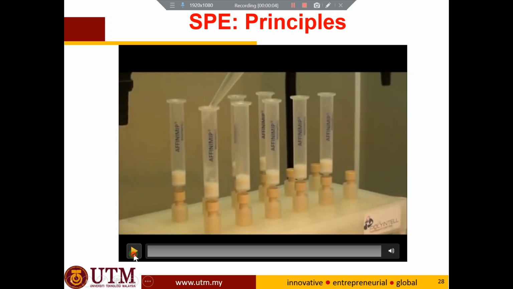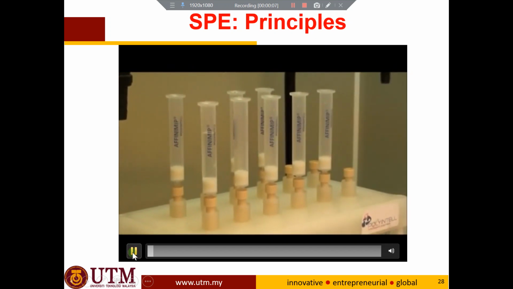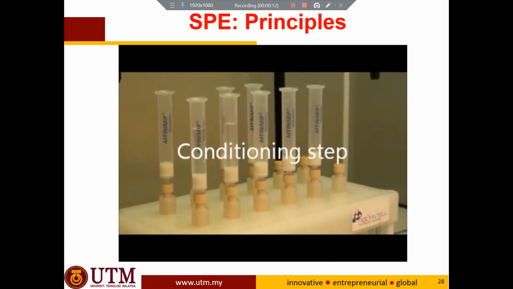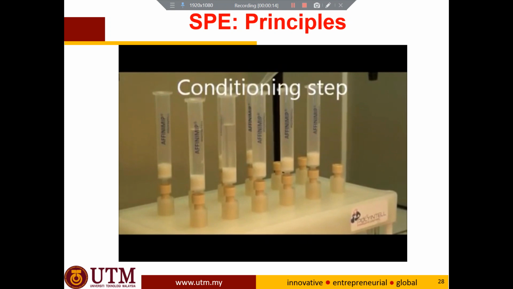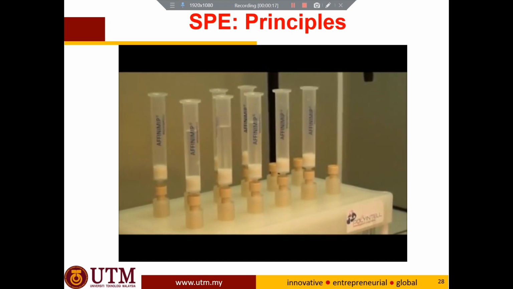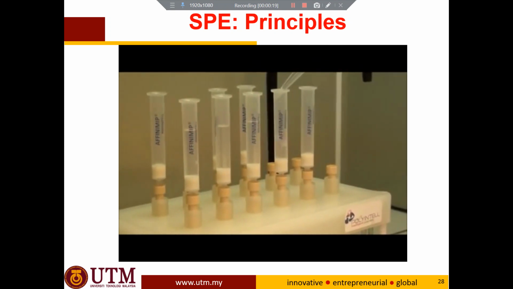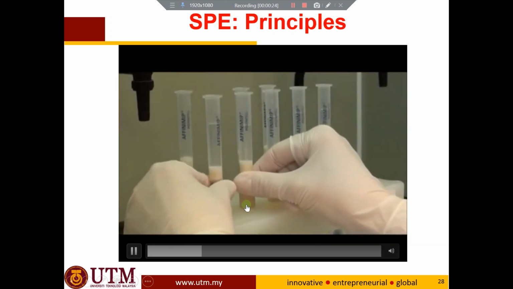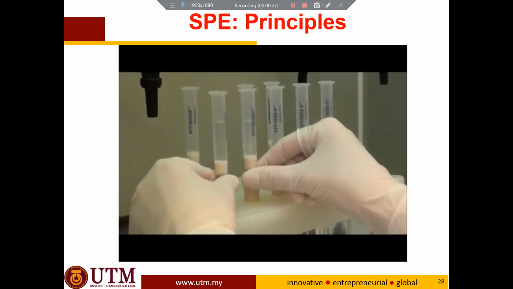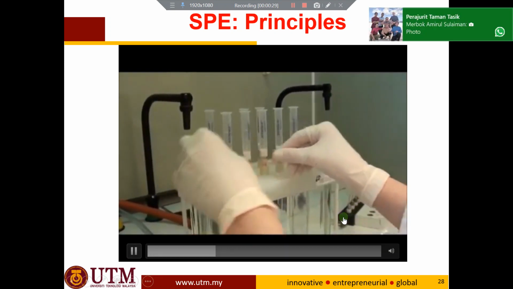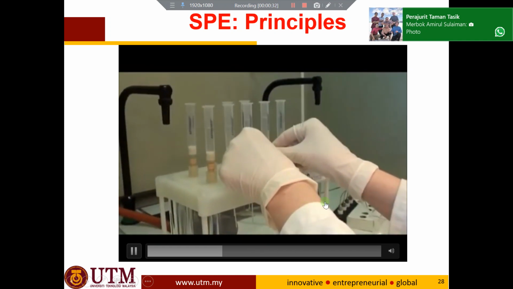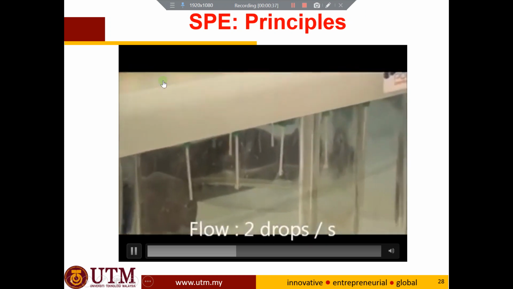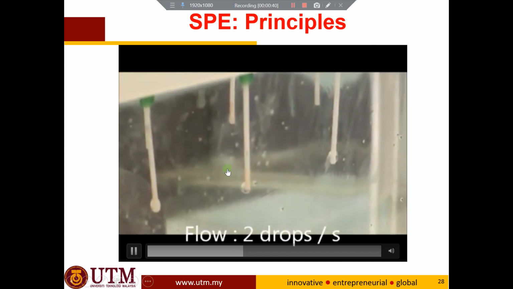Okay, we actually have the video over here. This is how. First things first, they do the conditioning by adding the solvent over there. Then they set up a pump over here to suck the solvent through.